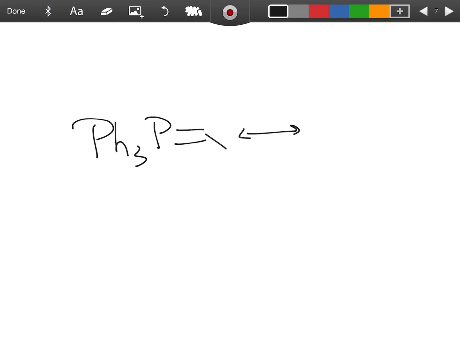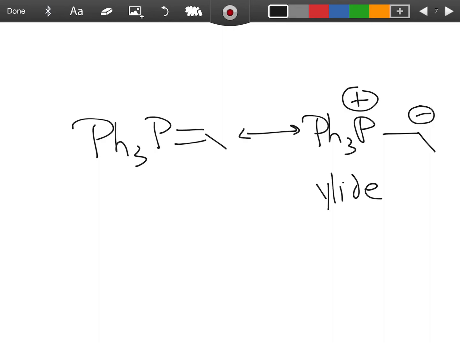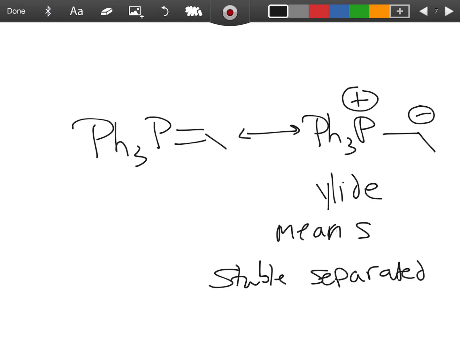These have a resonance structure that looks like this. So an ylid just means you have stable separated charges.